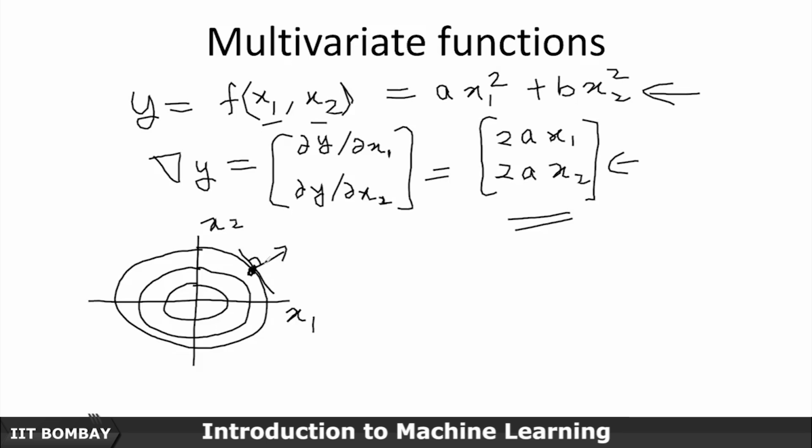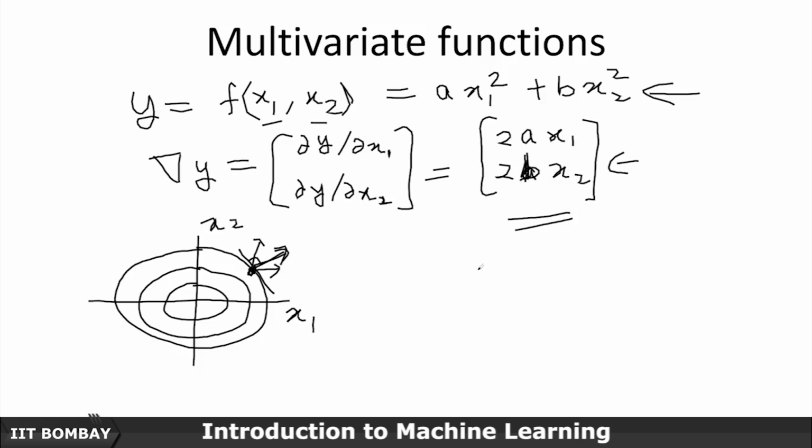If you go in this direction an infinitesimal distance, and the magnitude of that step is constant, then in any other direction you will not increase y as much as if you were to go in this direction. So, this direction is the normal to the tangent at that contour, and it is given by 2a x1 and 2b x2.